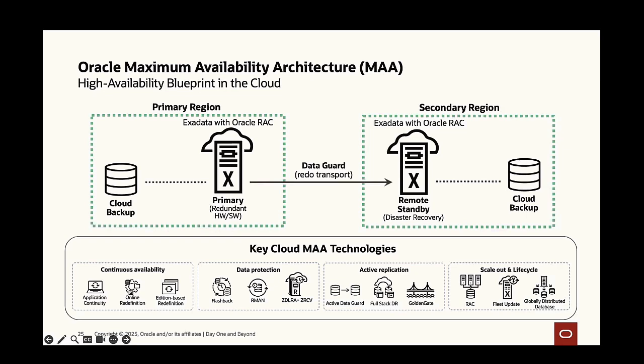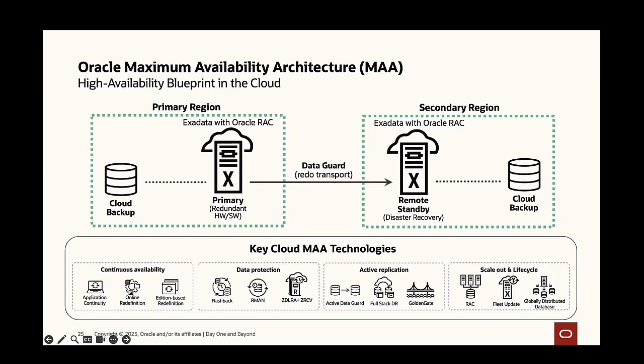They help contribute to these technologies that are designed to help you achieve high availability, data protection, and minimal downtime. You have documented reference architectures and guidelines across various environments, including on-premises, OCI, and hybrid deployments. There are also different tiers you can choose that meet specific availability and recovery needs, like a silver or gold tier.